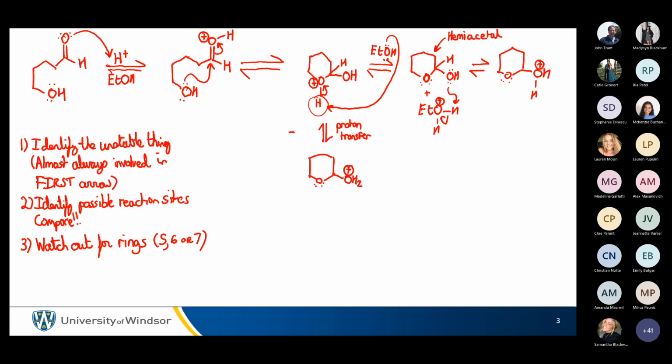I'd also accept if you wrote this as plus minus H plus, which means the same thing. I'll also accept it if you write PT for proton transfer.